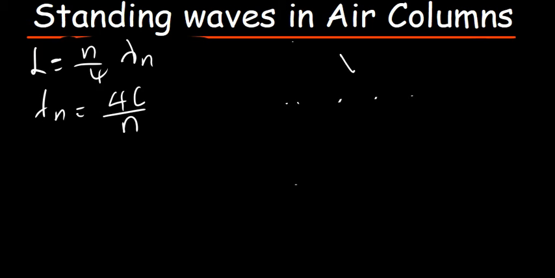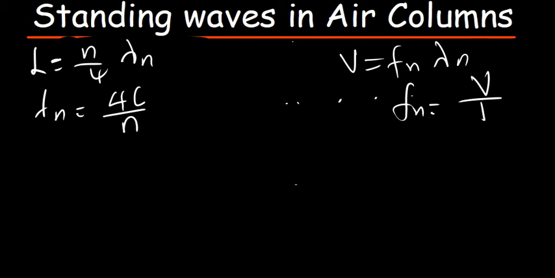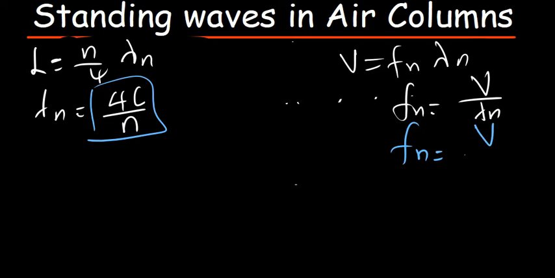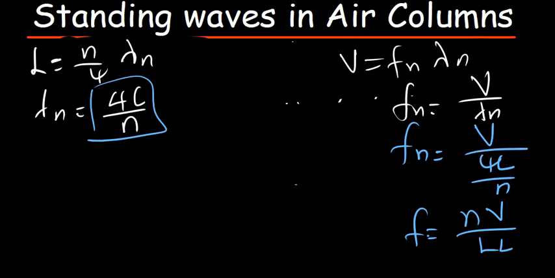So V is given by frequency n times lambda n. Let's make frequency the subject of the formula. Frequency n will be equal to V divided by lambda n. Where there is lambda, let's replace it by this. So Fn will be equal to V divided by 4L divided by n. That is the same as n times V divided by 4L. So this is the formula now for the fundamental frequency.